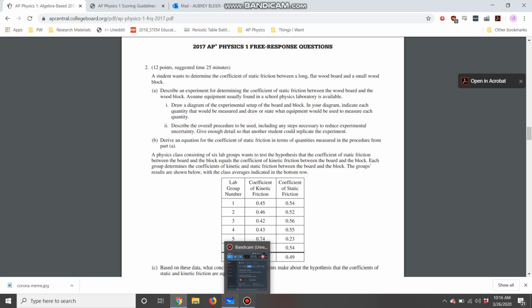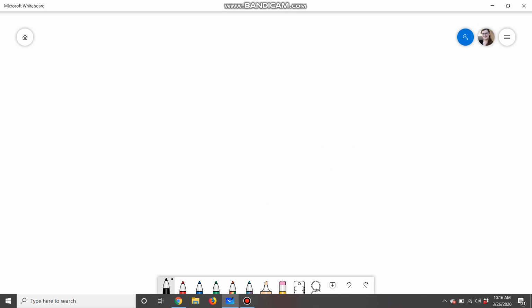If you need your memory refreshed, let's start on letter A. What we did was we set up a wooden board, and we had it at a certain angle, and we placed the wooden block on top of the wooden board.